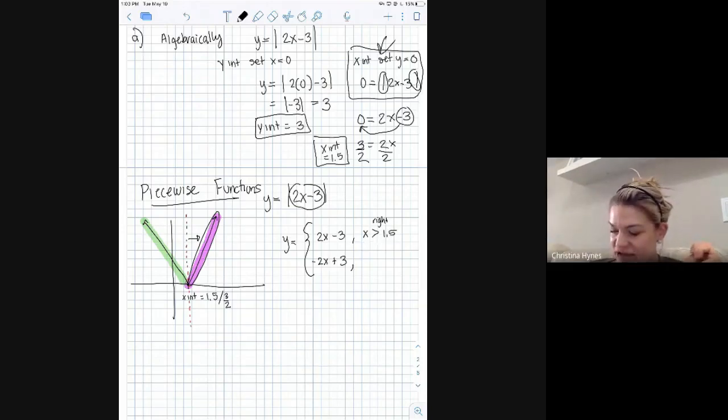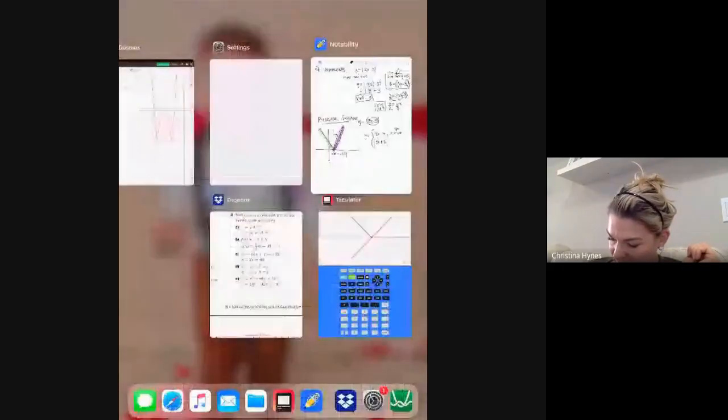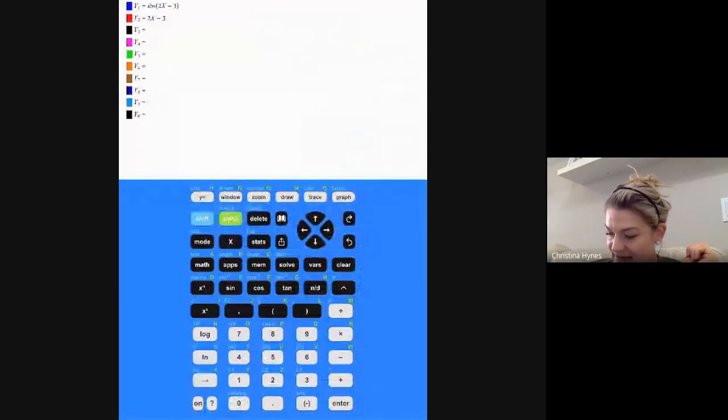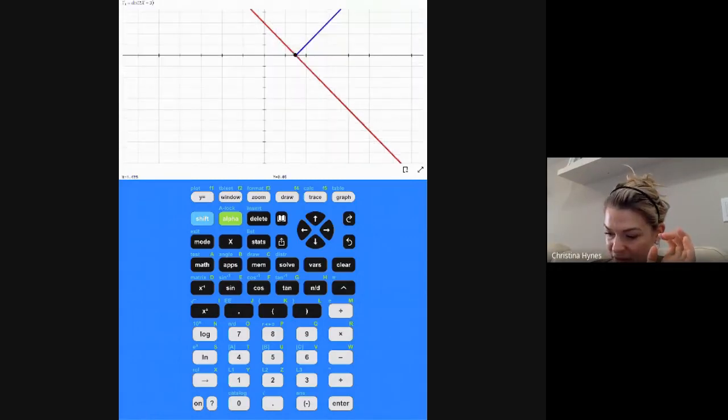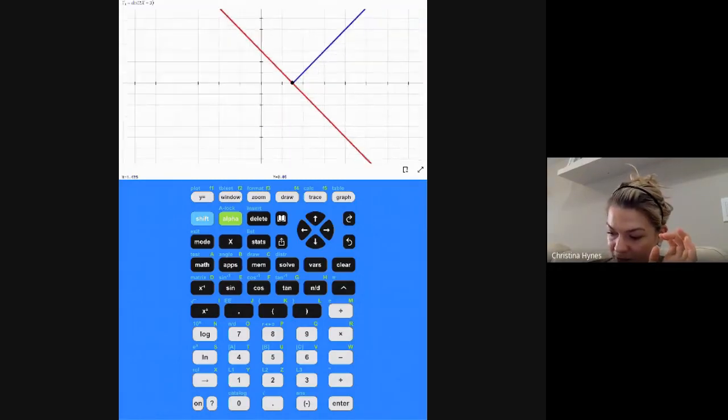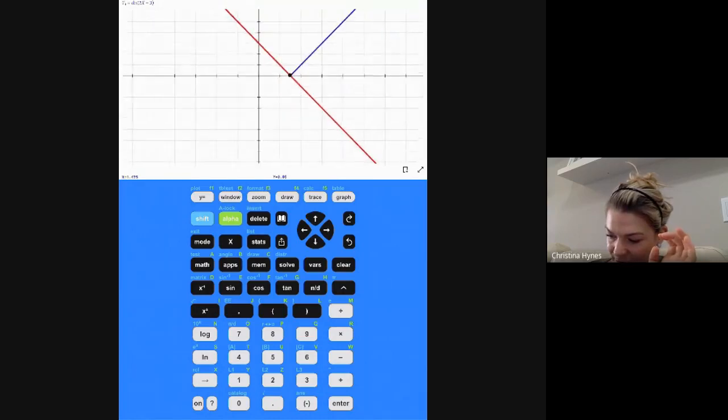And then for the next equation, I'm going to go back to my graphing calculator and do the negative version of that equation, negative 2x plus 3. If you look, now this goes over the left side of that x-intercept.